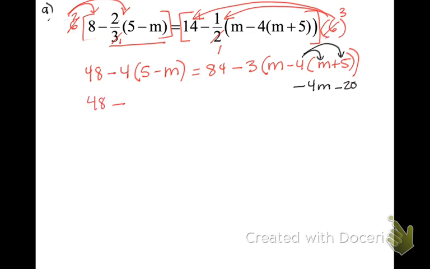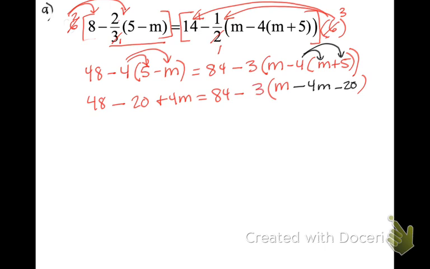48 minus, I've got that m. I can do this distributing, so it's negative 20, and then negative 4 times negative m is plus 4m equals 84 minus 3.